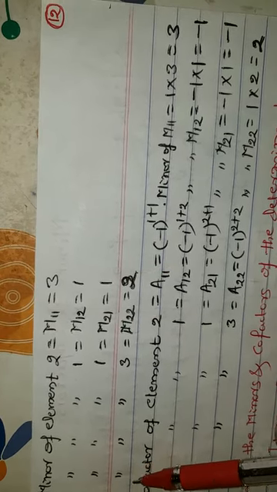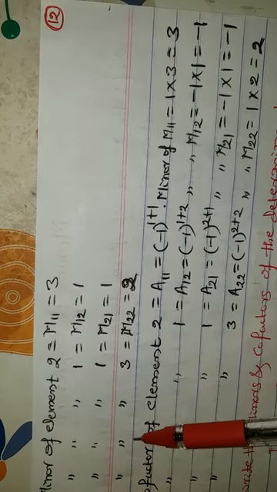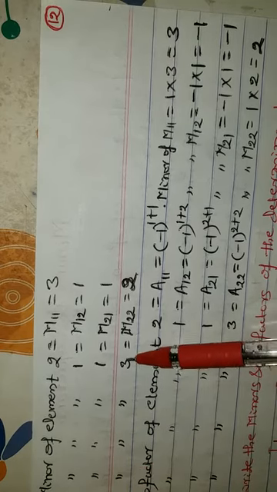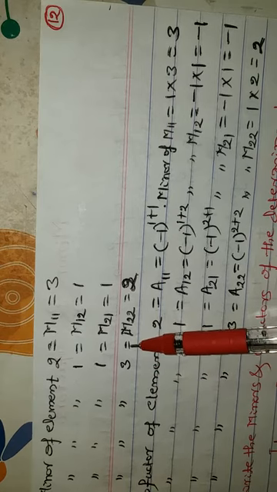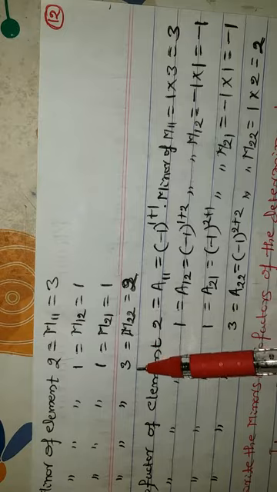And lastly, the minor of element 3, which is in the A22 position, is denoted by M22, and its minor is 2.